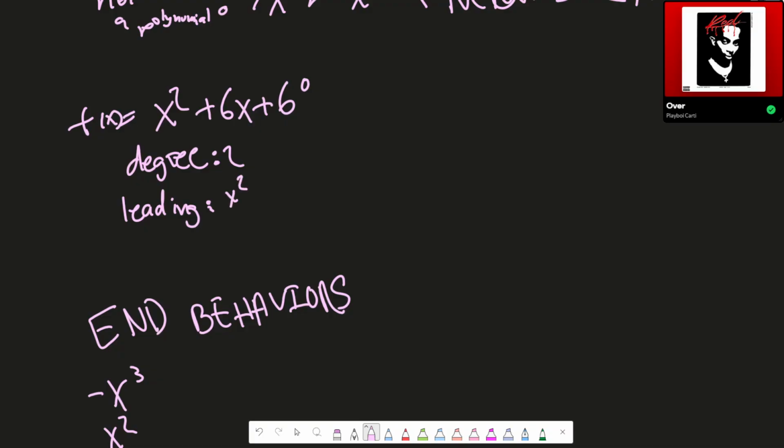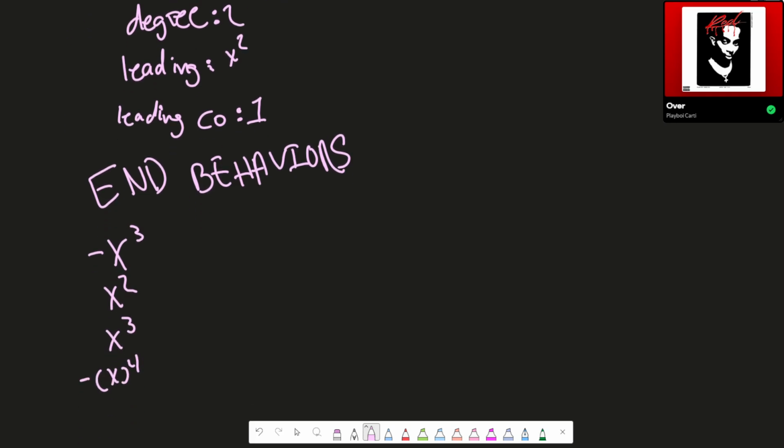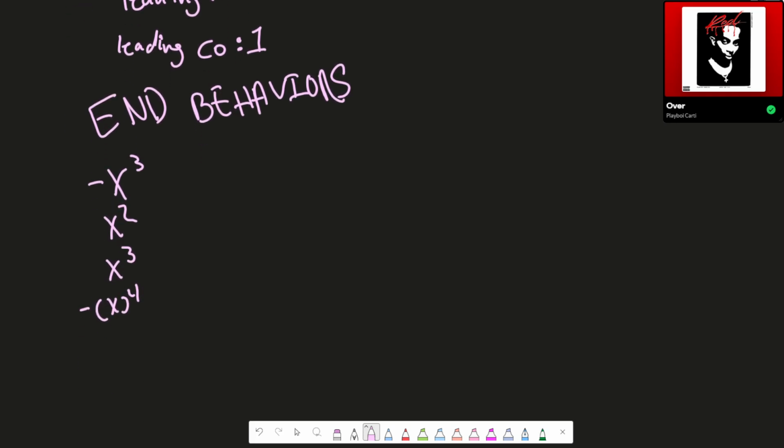And finally, the leading coefficient is the coefficient of the leading term. And that x squared as the leading term has a leading coefficient of 1. If you don't see anything, it's usually a 1. If you see a negative, it's negative 1. And that's important with understanding end behaviors. End behaviors, which is how a graph ends or begins, usually positive to negative infinity.